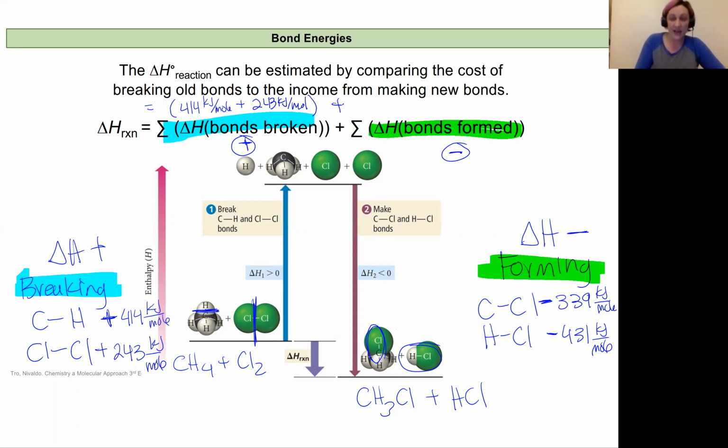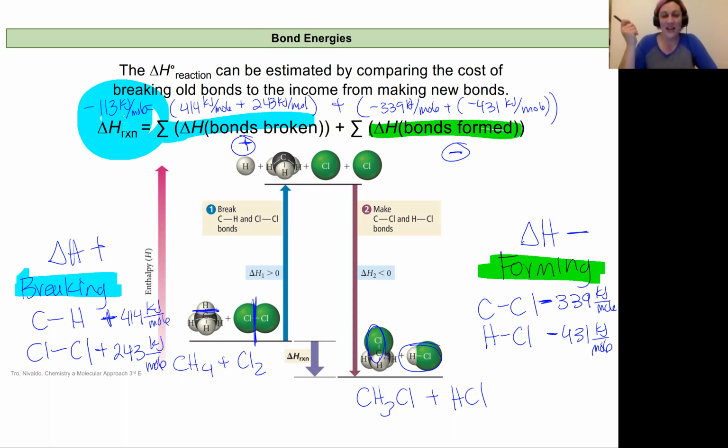Then I'm going to add to that my bonds that are forming, which are going to be negative 339 kilojoules per mole, plus my negative 431 kilojoules per mole. And by taking the sum of this, I'll be able to estimate the enthalpy of the reaction. I get an enthalpy of reaction that is negative 113 kilojoules per mole.